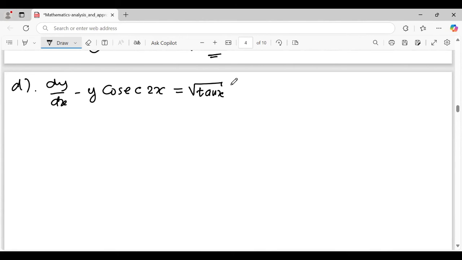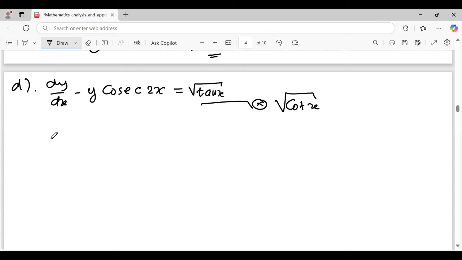Okay. I'm going to multiply all terms with the integrating factor. The integrating factor is square root cotangent x.